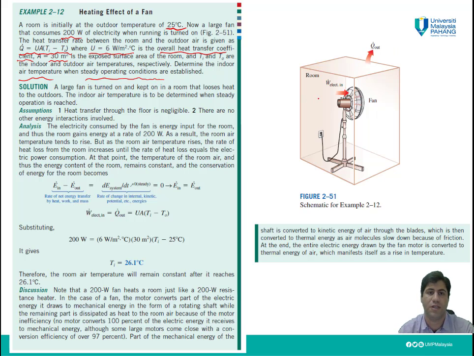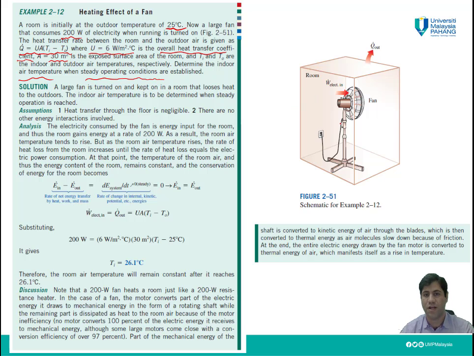So the initial temperature is 25 degrees Celsius. Then we put this fan inside the house. It will start working, blowing the air inside the room. Then the temperature of the room starts to change because of the movement of the air and because of this heat transfer.